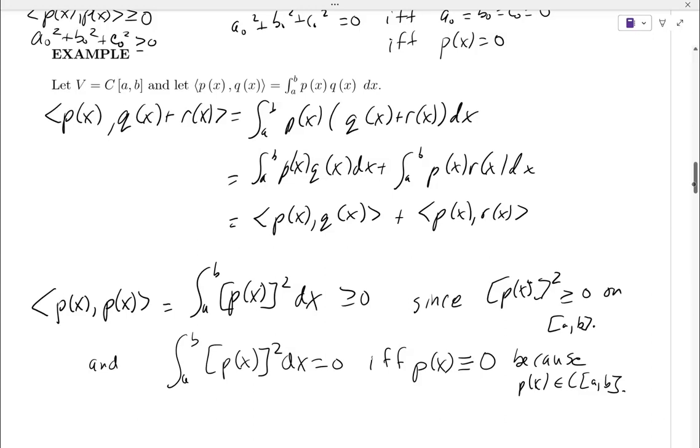It wouldn't work. Because there's a function that has an inner product with itself that would equal 0, that's not the 0 function. So that wouldn't be an inner product on a set of all functions on a to b. Continuity is important here. Okay?